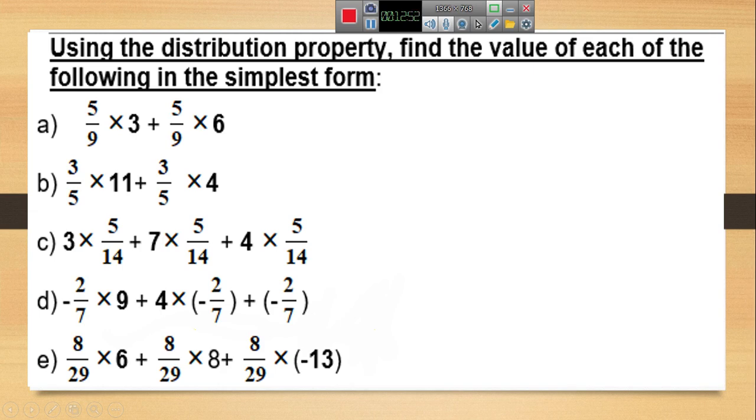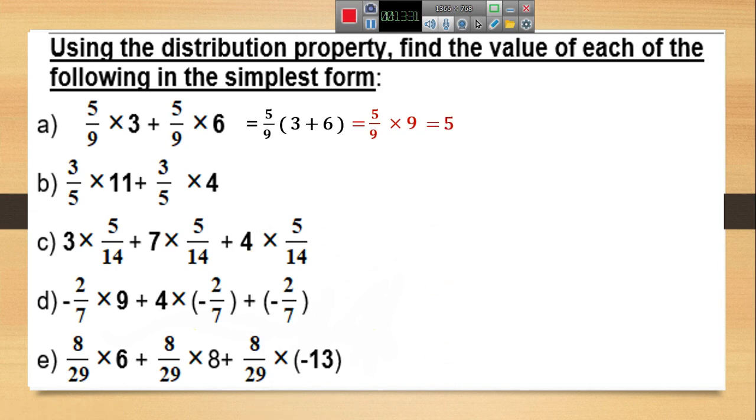This is the repeated fraction. We write it first, open a bracket, and write the other numbers, 3 and 6, inside the bracket with the plus sign between them. Now we calculate: 3 plus 6 equals 9. So 5 over 9 times 9 equals 5.